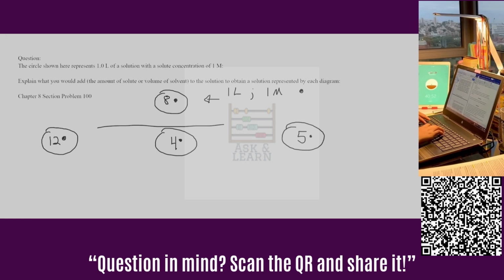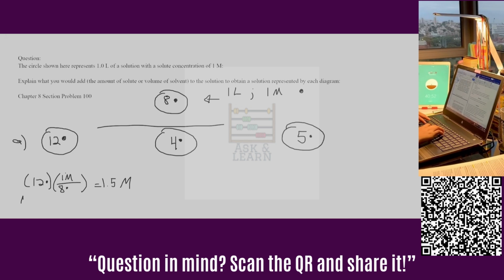So for the first one, this is A. So for A, we've got 12 dots. And we know that 8 dots is equal to 1 mole per liter, right? So if we just do 12 divided by 8, which is 1.5, that's the concentration of A, right?